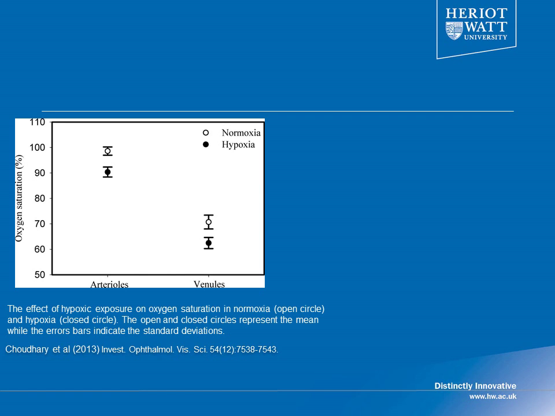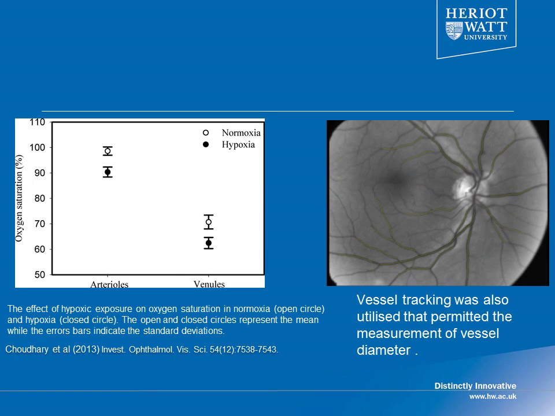So put somebody who's hypoxic and we can see that change in oxygen saturation, and that's a finding that's been reported over the last day and a half, so nothing new here. The other thing that we did was that the analysis also included some vessel tracking, and that was utilised to allow us to measure vessel diameter.